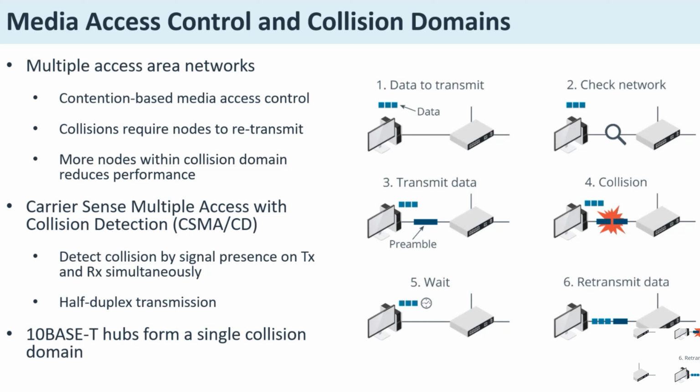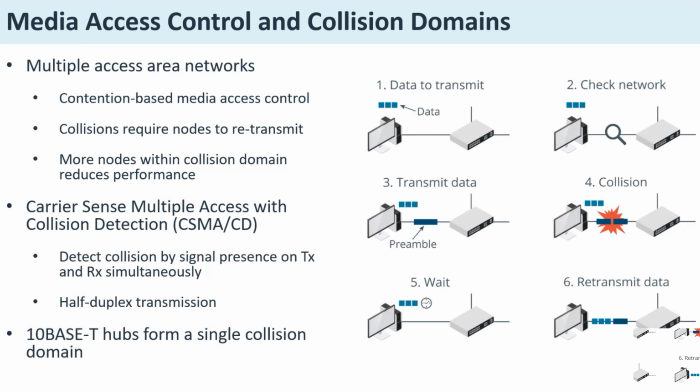Okay, so the Ethernet protocol governing contention and media access is called carrier sense multiple access with collision detection, CSMA/CD. You'll hear this a lot with Comcast Business as well as any business ISPs that you deal with. A collision is the state when the signal is present on the interface's transmit and receive lines simultaneously.